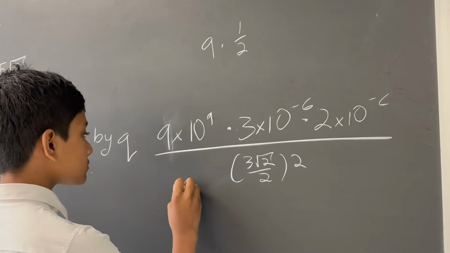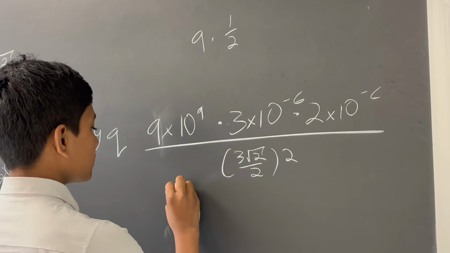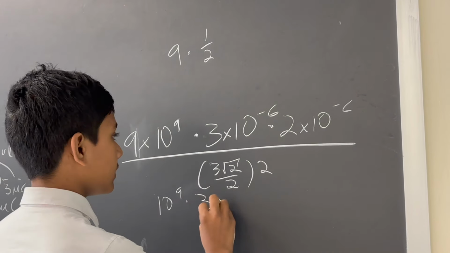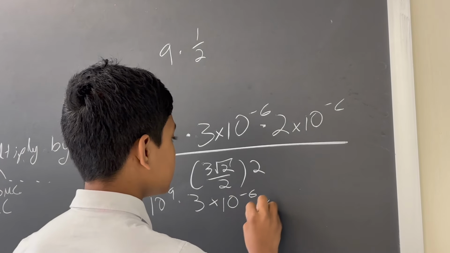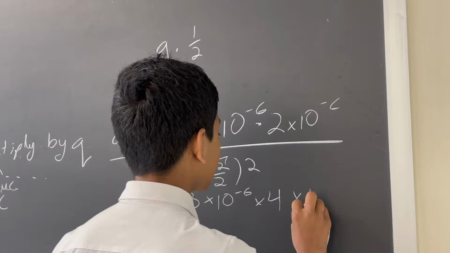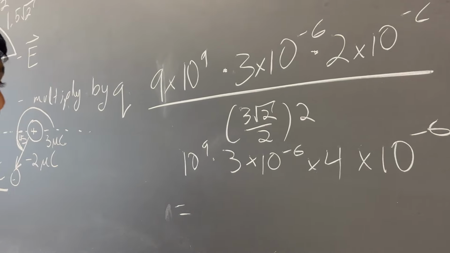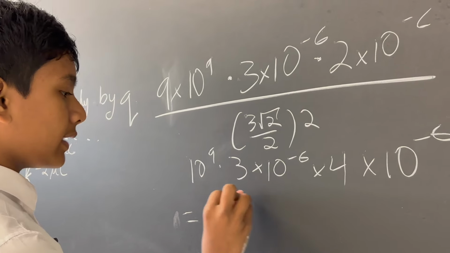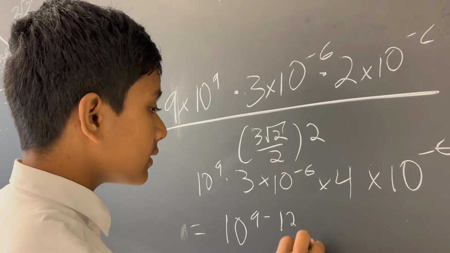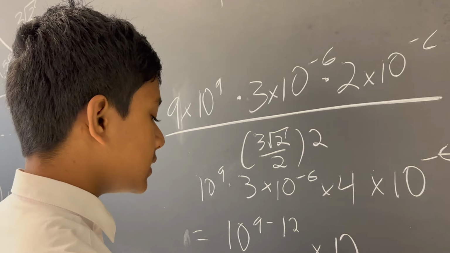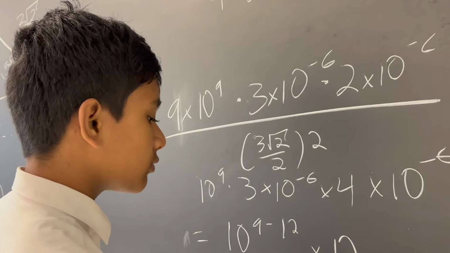So we get 10 to the 9 times 3 times 10 to the minus 6 times 4 times 10 to the minus 6. And so what does that actually add up to? Well, this is 10 to the 9 minus 12 times 12, or 12 times 10 to the minus 3.